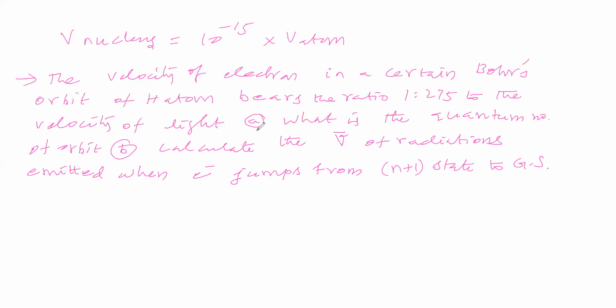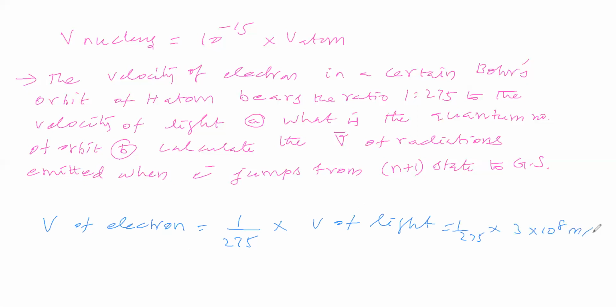Now what is given in the question: velocity of electron in a certain Bohr's orbit of hydrogen atom bears the ratio 1:275 to the velocity of light. That means velocity of electron is equal to 1/275 into velocity of light in vacuum. Velocity of light is 3 into 10 to the power of 8 meter per second.